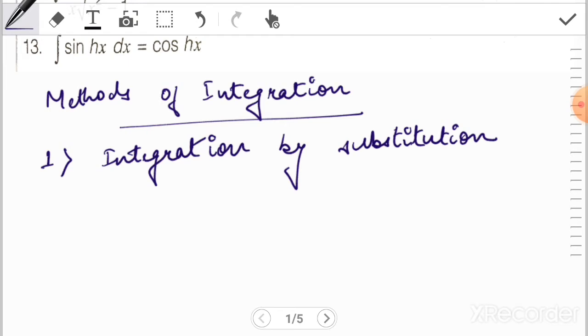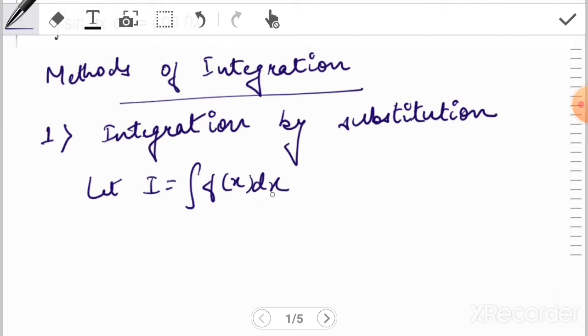So let us say we have I is equal to integral f(x) dx. The given integral function can be transformed into another function by changing the independent variable x to t. Now let us say we have dI/dx is equal to f(x).